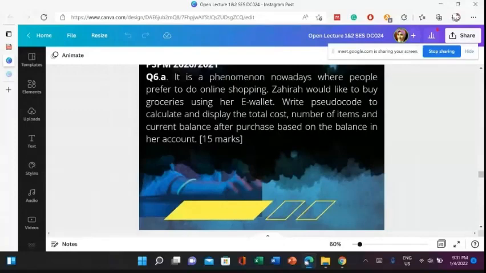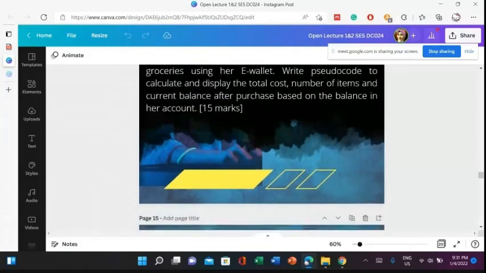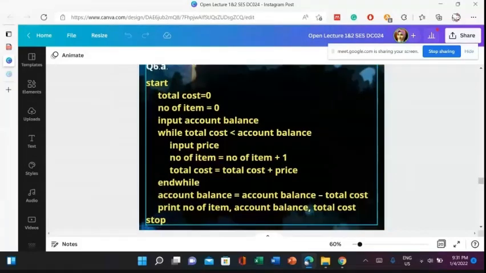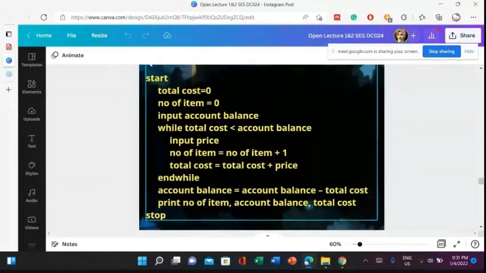And after that, how many items have we bought? And after that, what is our current balance after purchase? So that's why you see we start with 0, because we haven't bought anything yet. Number of items is also 0 because we haven't bought anything yet as well.